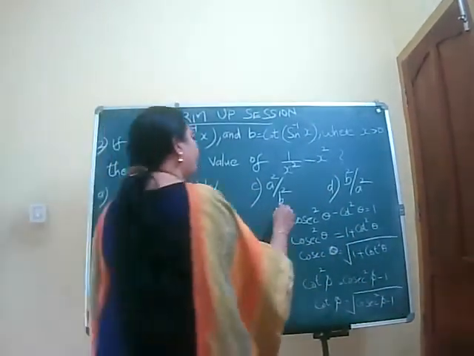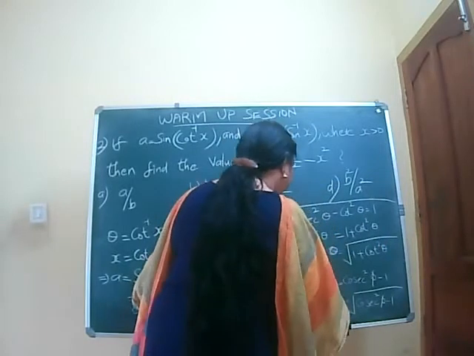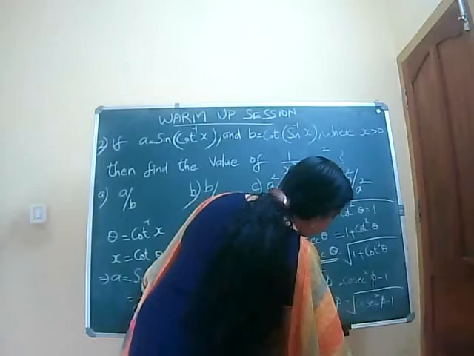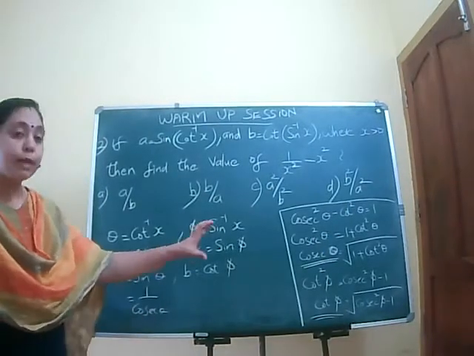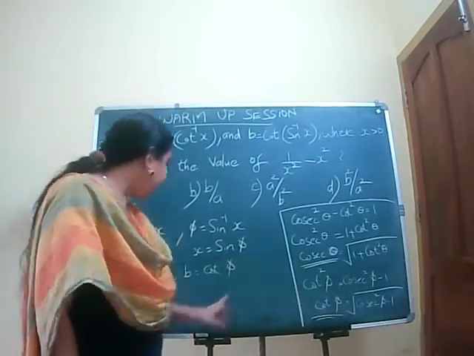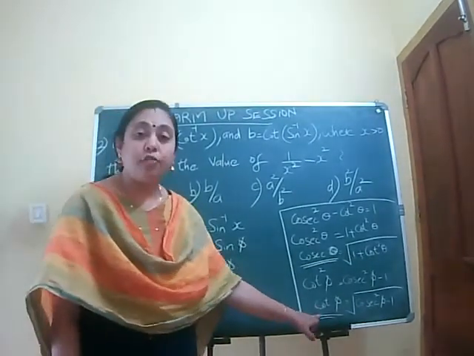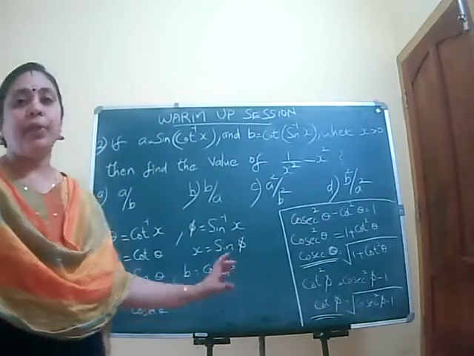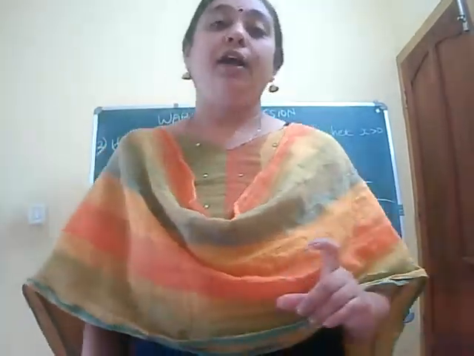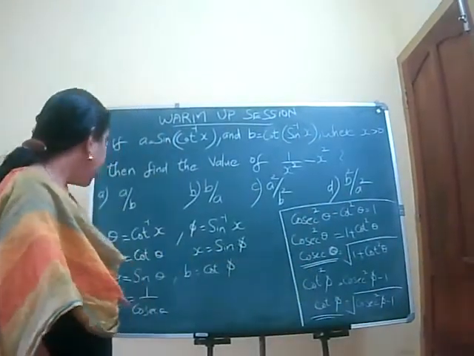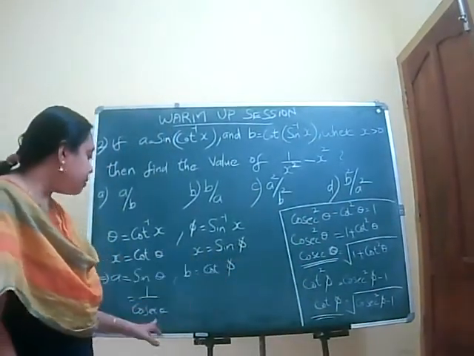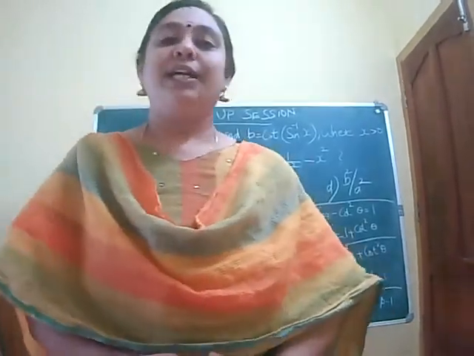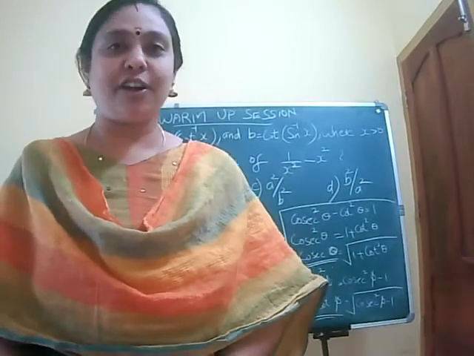Now we have substitutions for cosec theta and cot phi. Just substitute these here and simplify. Then we will get the value for A and B in terms of cot theta and sin phi. Just try yourself and we will see after 5 minutes.